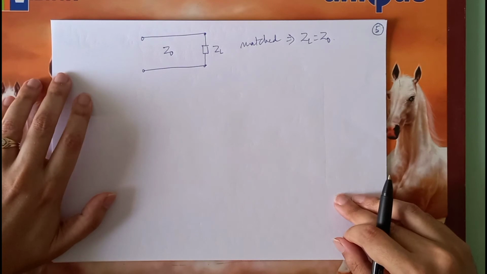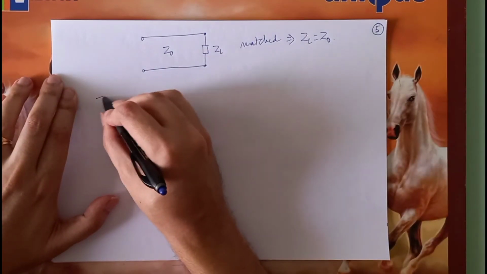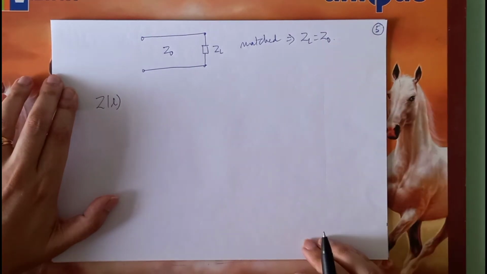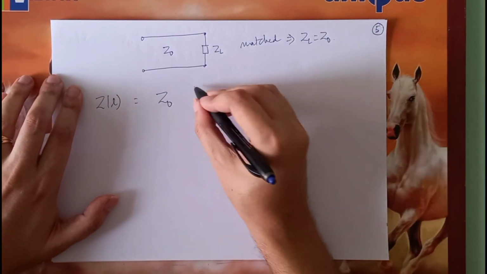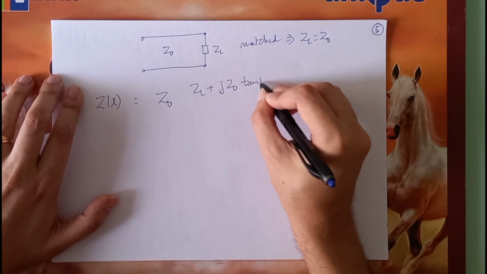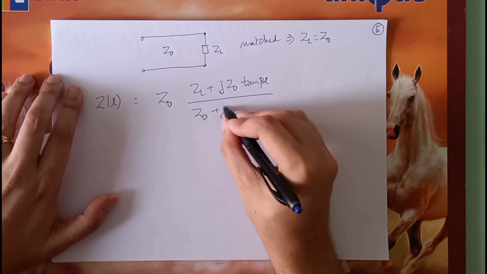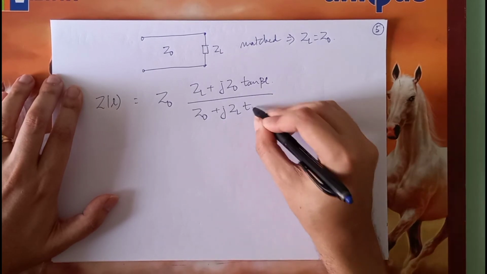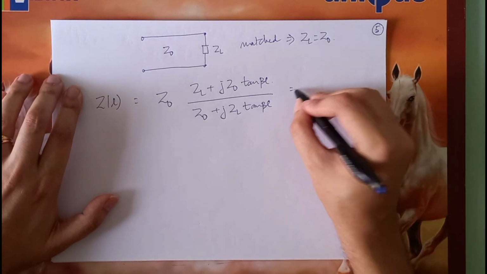So in that case, if we consider the impedance transformation relationship, Z of L is nothing but Z0 times (ZL plus jZ0 tan beta L) divided by (Z0 plus jZL tan beta L).